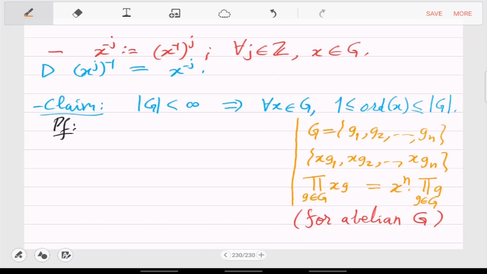So for an abelian group, what this will imply is that x to the n, there is one more step, right? So xg is simply a permutation. So in the product, this is the same as the product of g for all g.